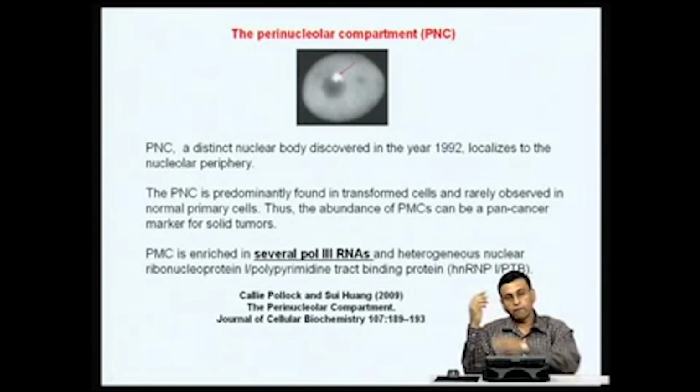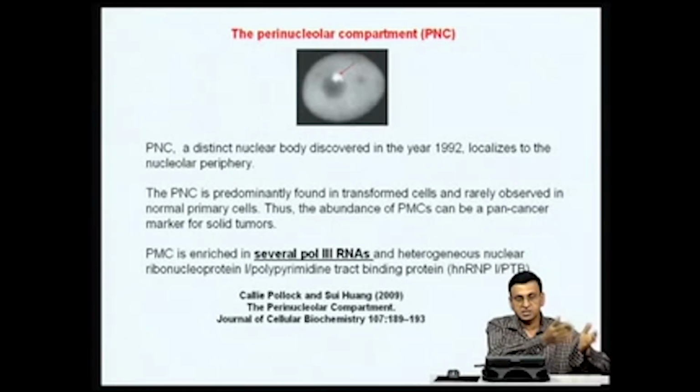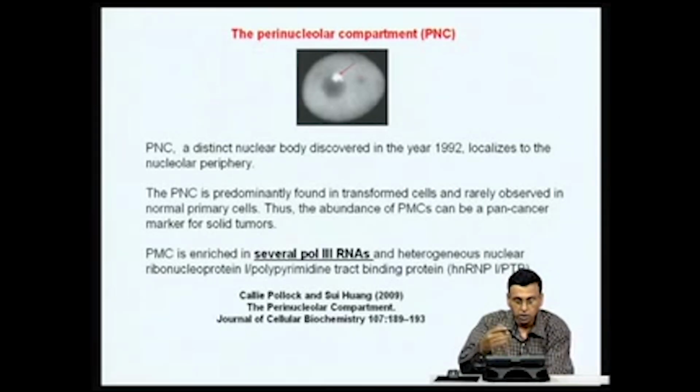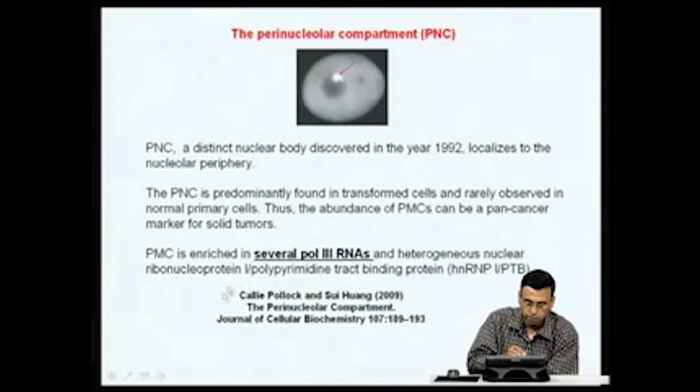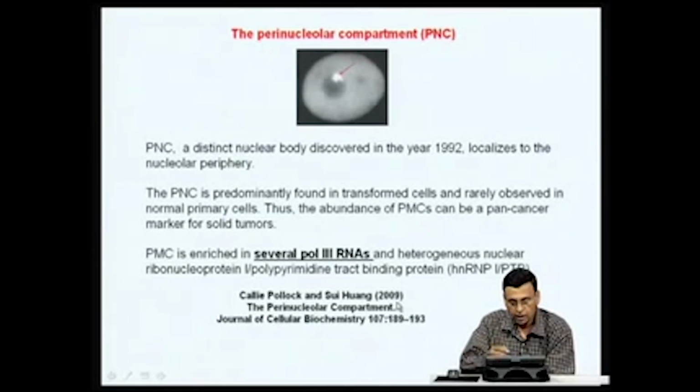So you can see when a normal cell becomes a cancer cell, in addition to the regulation of TF3B and increase in tRNA synthesis, there is also accumulation of Pol III transcripts and certain hnRNP particles in a perinuclear compartment, and therefore this becomes highly visible, and this PNC is one of the markers to distinguish a normal cell from a cancer cell. A very interesting review article on the perinuclear compartment was published in the Journal of Cellular Biochemistry just last year, and those who are interested in understanding more about it can read this article.